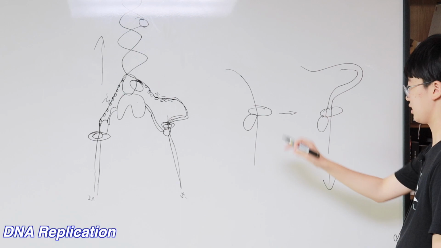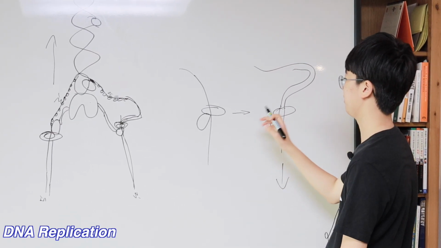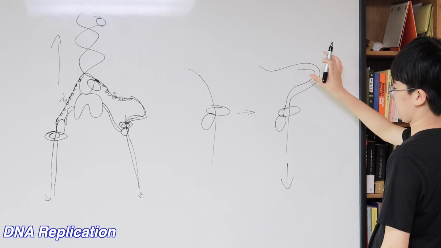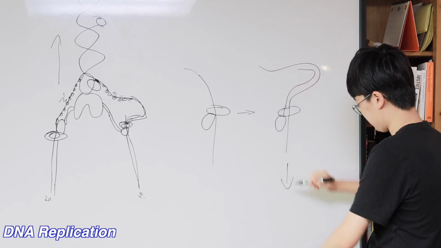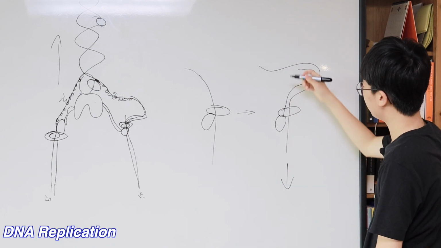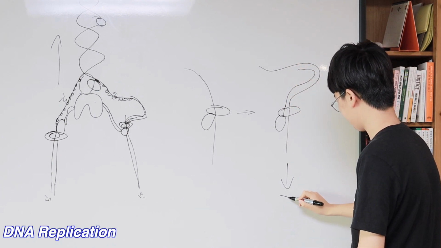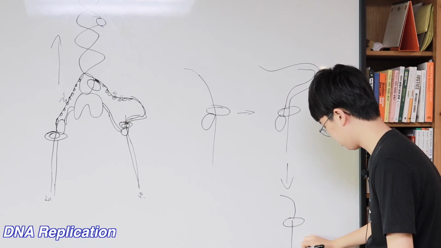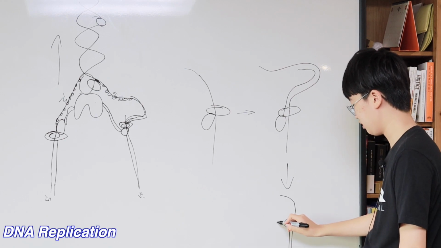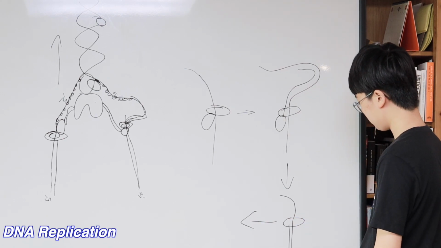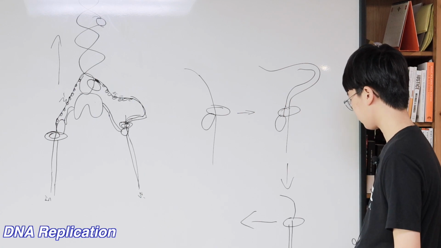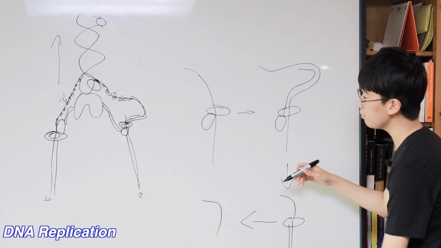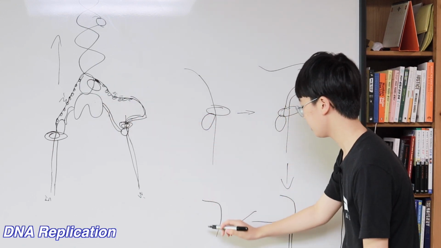the DNA polymerase is released, and the Okazaki fragment that has been made goes back down, a bit like that, and then it is pushed down more by the helicase doing its job.